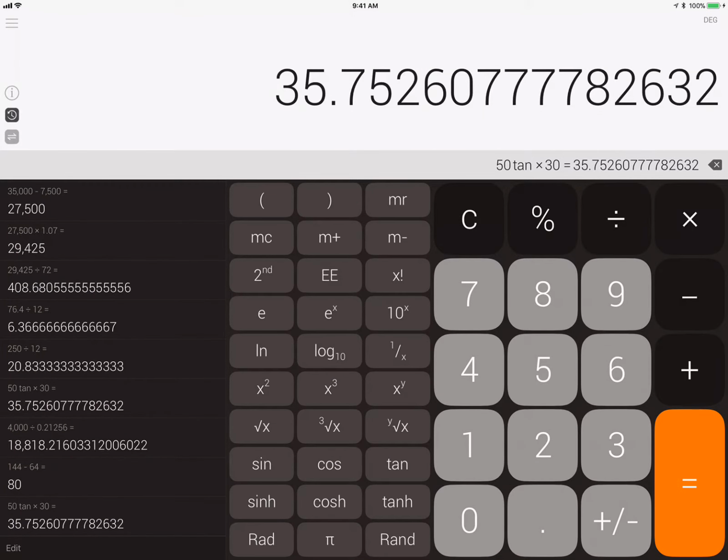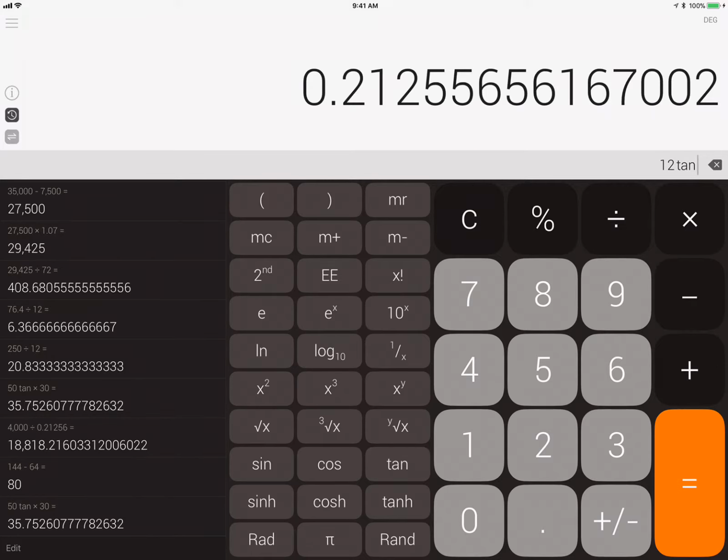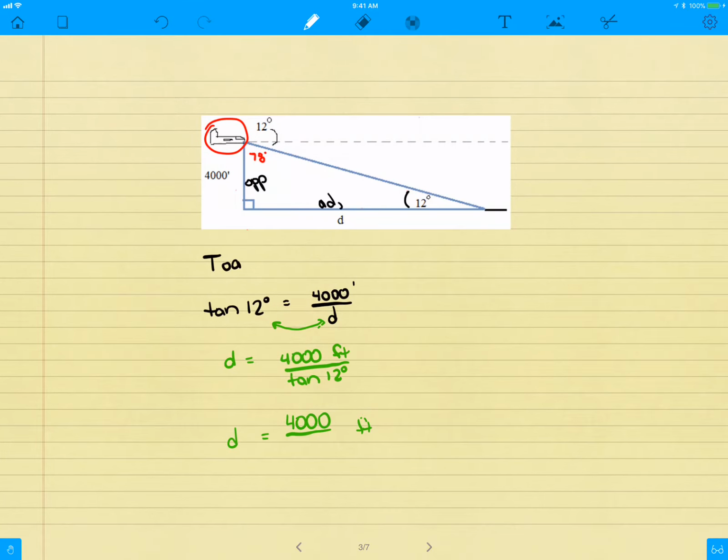Clear out my calculator, type in 12, and hit the tangent key because I have to go backwards. So my decimal here is 0.21255. Now I'm going to round that to 0.21256. I like to go about 4 or 5 decimal places for accuracy purposes.